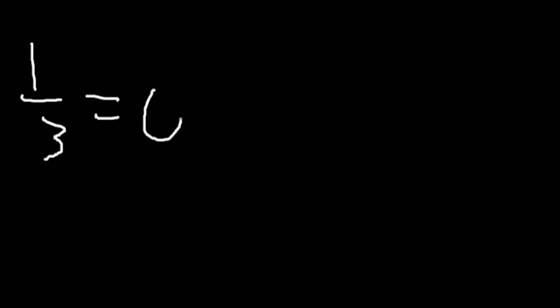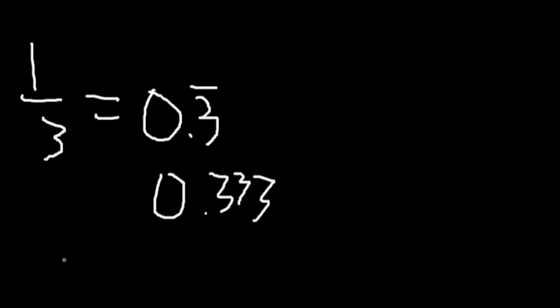We can express this as 0.3 with a bar at the top. This bar signifies that this 3 repeats on indefinitely. And this is a lot easier than writing 0.3333. So ideally, we use bar notation when you have a decimal that does not terminate.